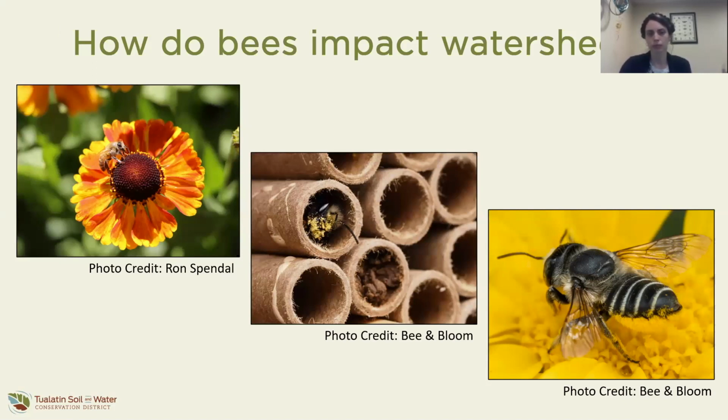I read a study recently that plants that produce food are responsible for 1 in every 3 bites of food that we eat, and pollinators are directly responsible for that because they help these fruits and these vegetables grow. Likewise, pollinators help native plants grow, and native plants are one of the key components to a healthy watershed because they are adapted to our climate.